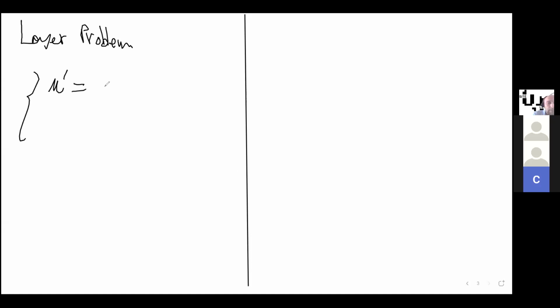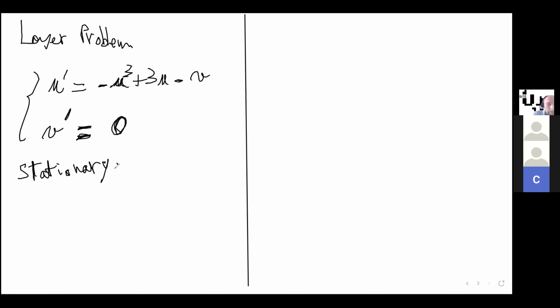So here, if I look at the stationary points, the second row is always 0.